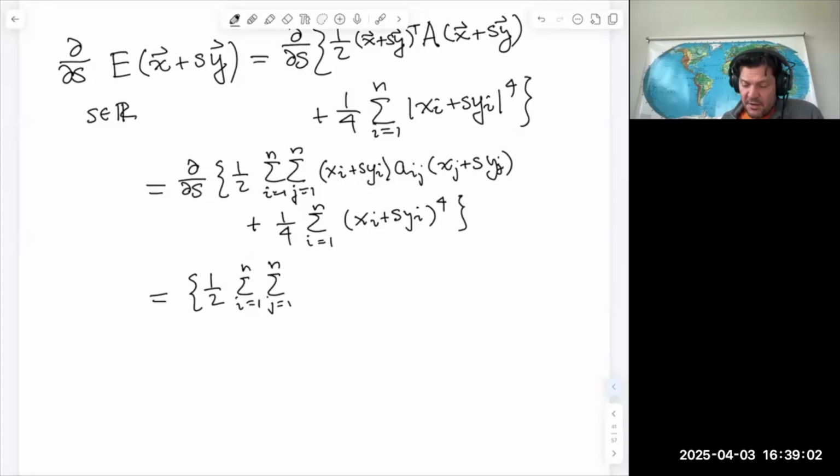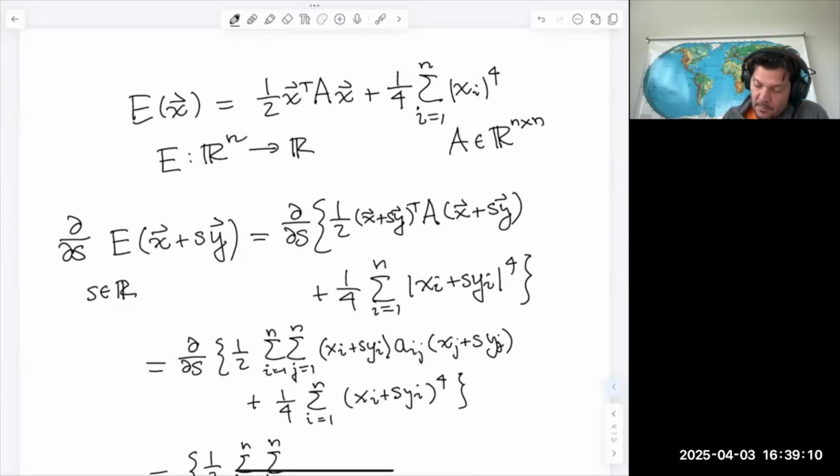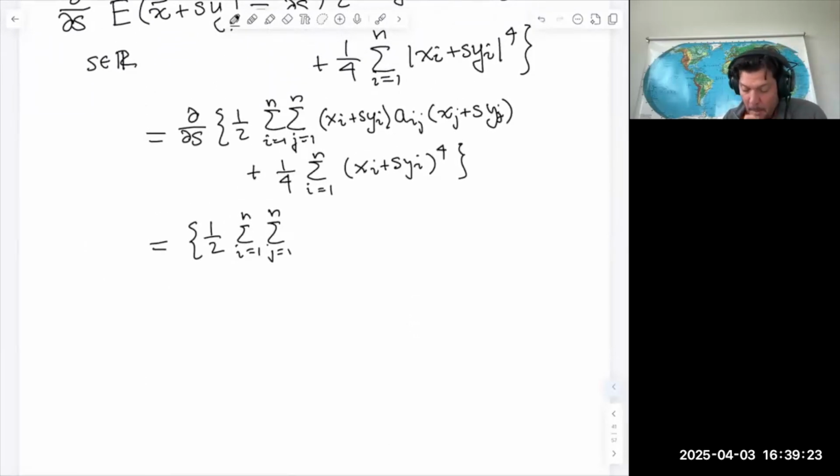Okay, so I think what we need to do, let's make our lives a little bit easier. I can see what's going to happen now. Let's assume that A is a symmetric matrix, right? That will make our life easier because then we're going to be able to make some assumptions. I think that's a reasonable assumption. Okay, so now we take the derivative of that first object. We're just going to get y_i a_ij (x_j plus s y_j), right?